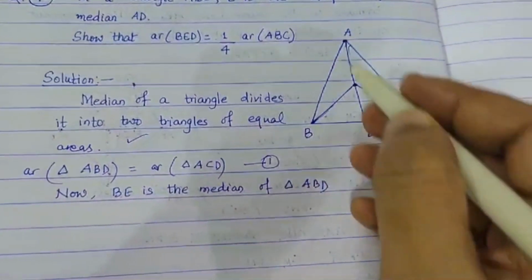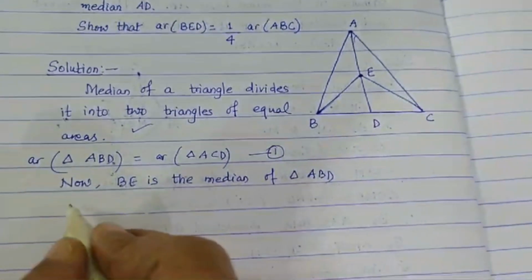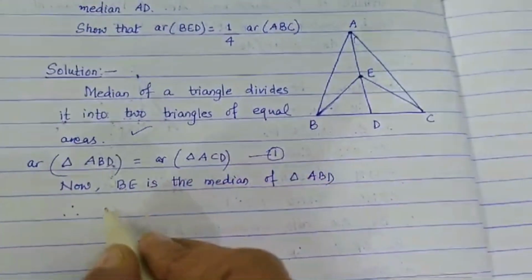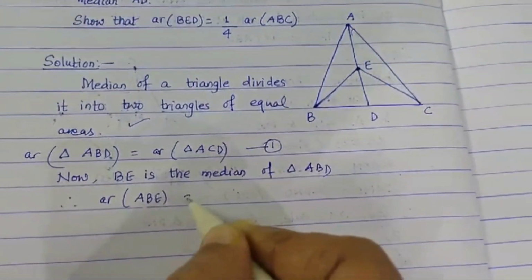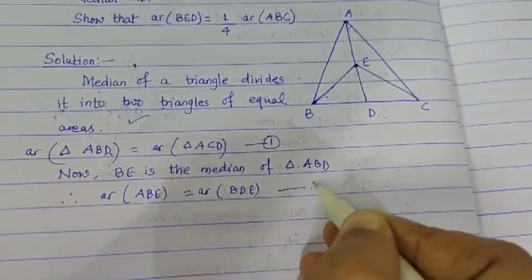This is the triangle ABD, this is the side, and this is the midpoint, so BE is the median. Therefore we can write that area ABE is equal to area BDE. Let us suppose this is second.